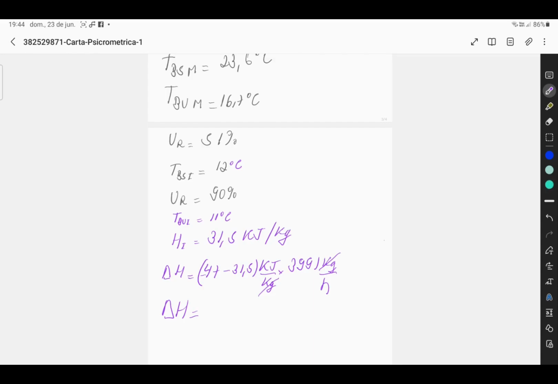I have to remove 61,860.5 kilojoules per hour from my air. How do I transform that to TR?